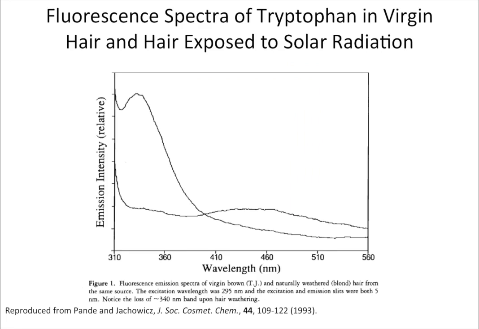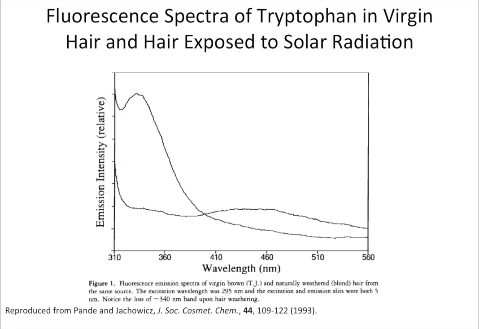So just to give you a little bit of background on what you could do with understanding absorption and fluorescence of tryptophan, this is actually showing you a fluorescence emission spectrum of hair. So fluorescence is a little bit different from absorption. Absorption, we're just going to talk about tryptophan right now.